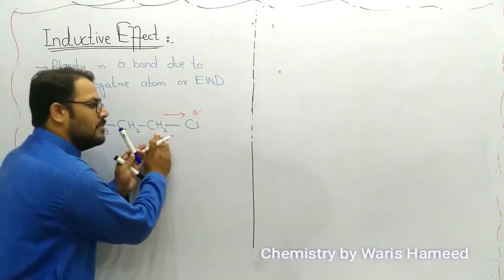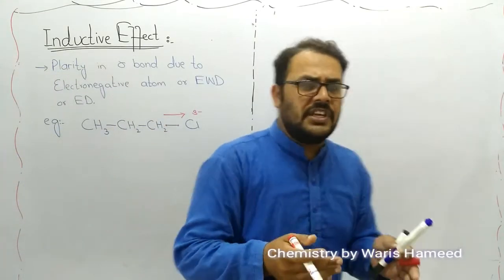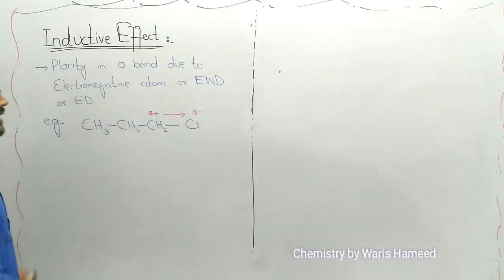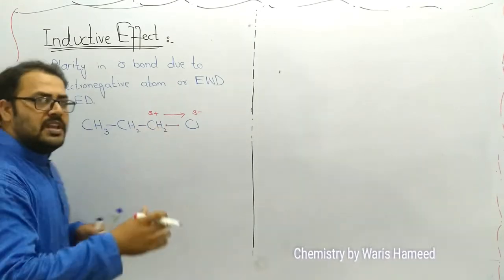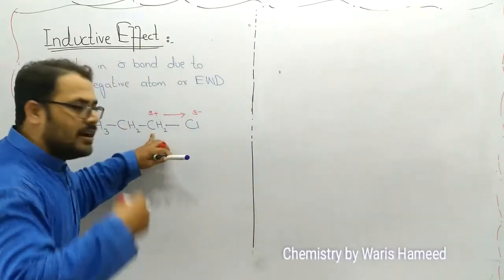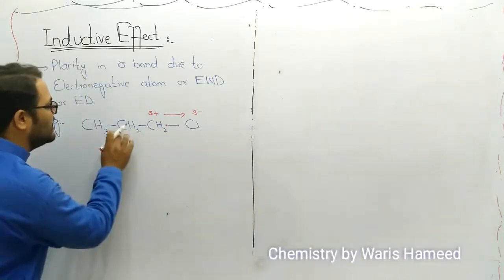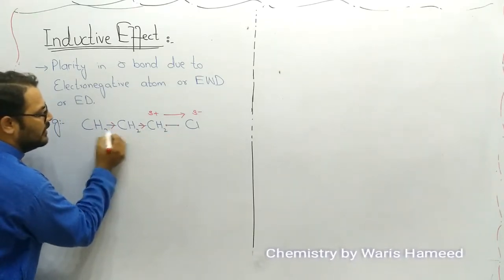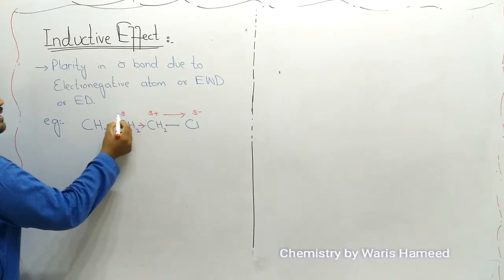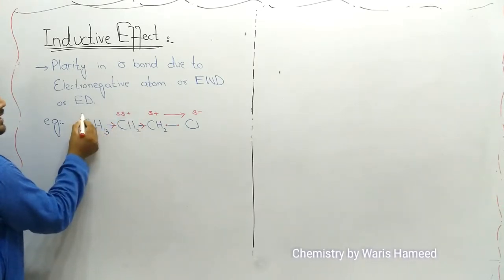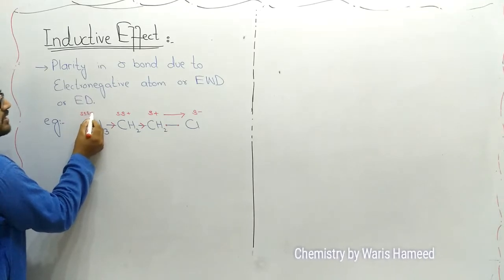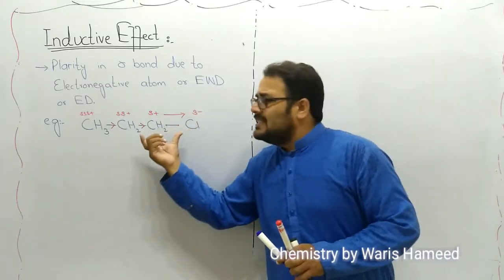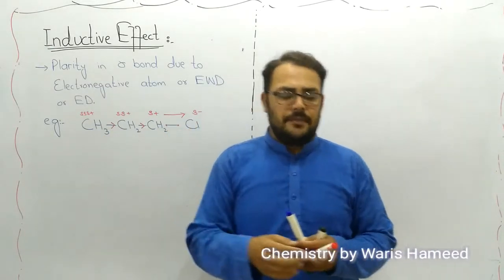In this case, this carbon has to face electronic deficiency, so we can say that it will bear partial positive charge. And if this carbon is bearing partial positive charge, then it also has to attract electronic density from this carbon atom and electronic density will be pushed toward chloride, as this carbon will become less partial positive and least partial positive charge will be on this carbon atom. We can say that the inductive effect decreases when the chain increases.